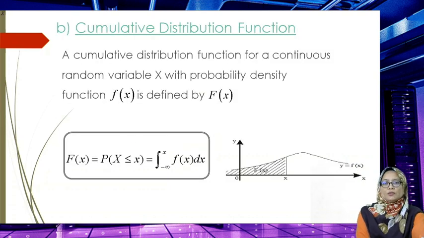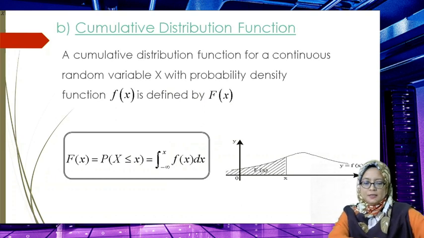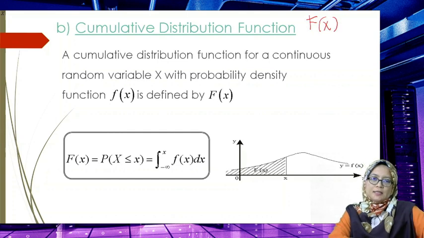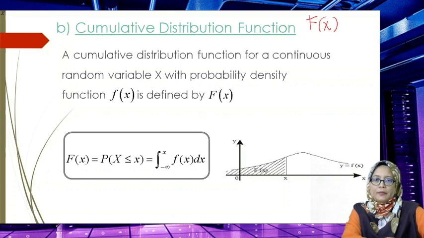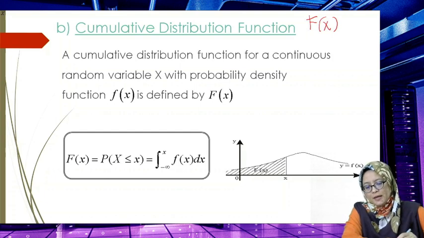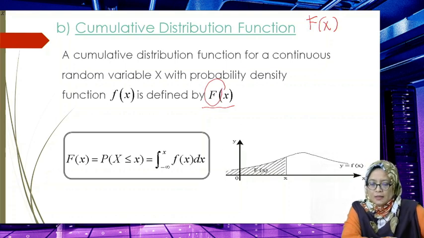Okay, so then kita masuk untuk cumulative distribution function. So kalau cumulative means that sekarang ni kita akan cari F besar, capital F. So cumulative distribution function of a continuous random variable x with probability density function is defined by capital F. Okay, so means that cumulative kita akan accumulate daripada negative infinity sampai a certain value of x.